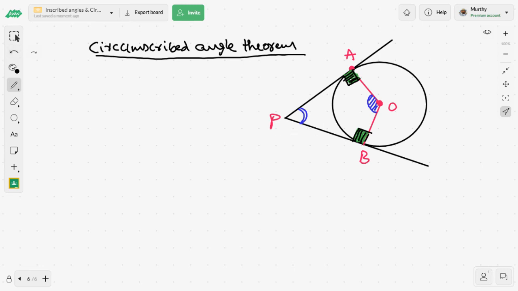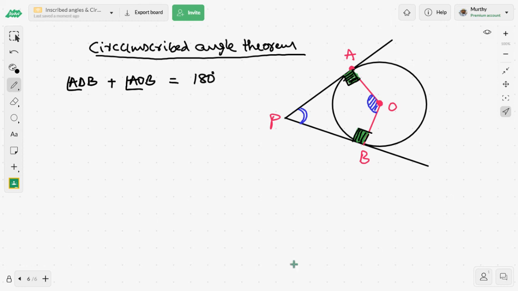So the measure of a circumscribed angle is equal to 180 degrees minus the measure of the central angle that intercepts the same arc, which means angle APB plus angle AOB equals 180 degrees.